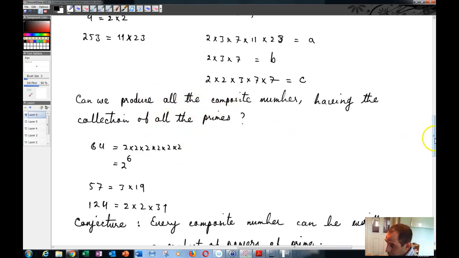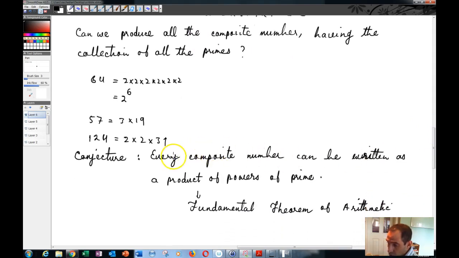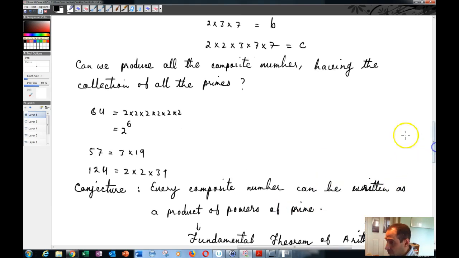The conjecture that we said was true was that every composite number can be written as a product of powers of primes. But we haven't decided this part yet, and I'll leave it over here. If we happen to do it, good. If we don't, then we will have to wait until we do it sometime. But I just wanted to point out that we have not answered this question yet.